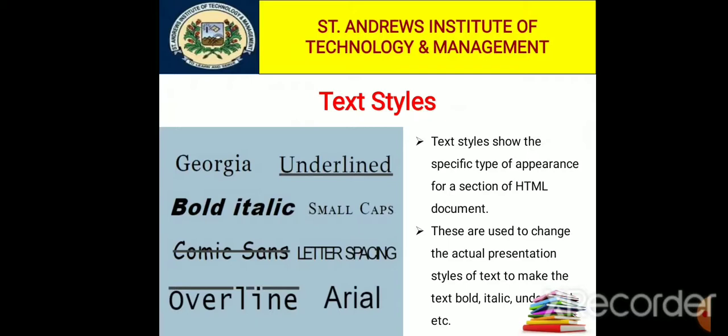These are used to change the actual presentation style of text to make the text bold, italic, underline, etc. Text styles are also called physical styles. They are used to define the exact way in which characters are to be formatted and displayed in an HTML document.